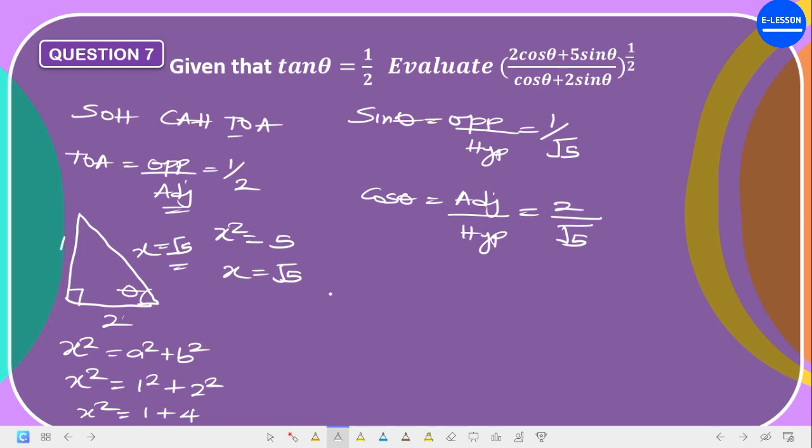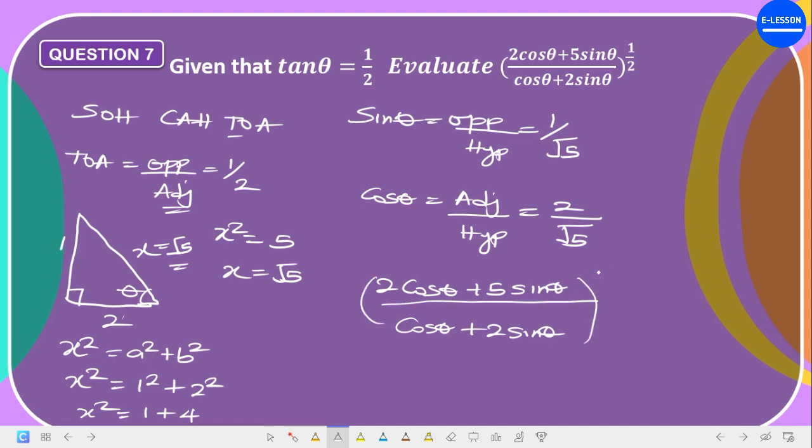So evaluating this, what are we going to have? You have 2 cos theta plus 5 sine theta, all over cos theta plus 2 sine theta, bracket 1 all over 2.